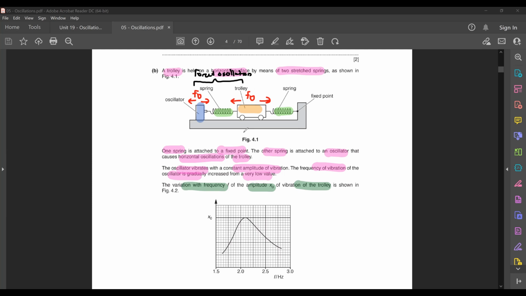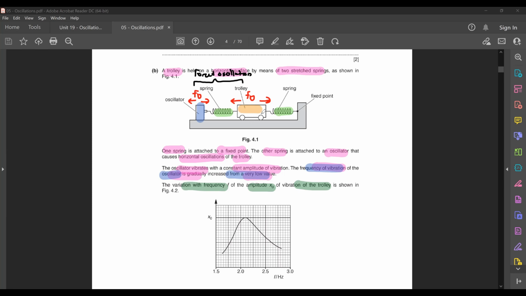So whatever frequency of vibration that your trolley is oscillating at, it is the same as that of the oscillator itself. So in your question, they mentioned that the frequency of vibration of the oscillator is gradually increased from a very low value. This also means that the frequency of vibration of the trolley is also increasing from a very low value.